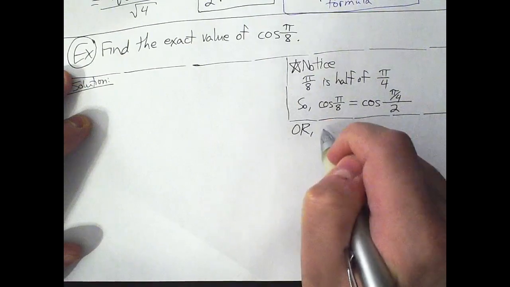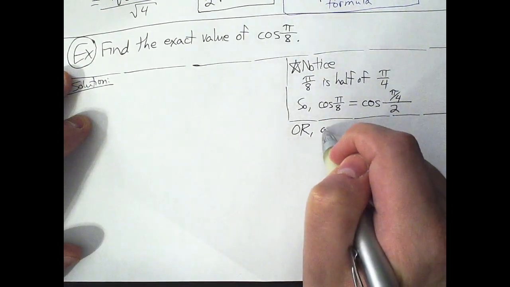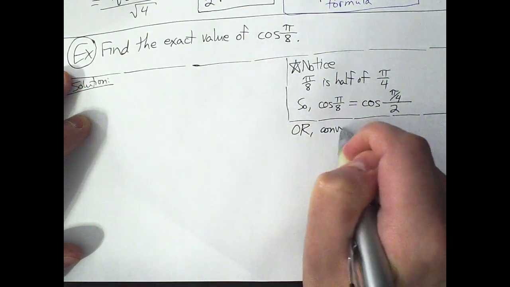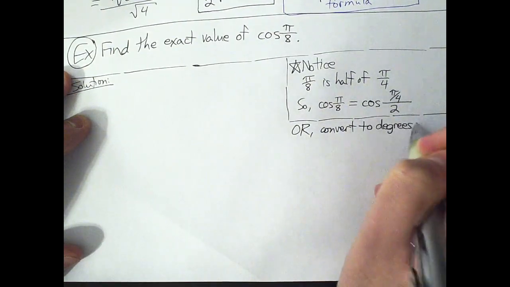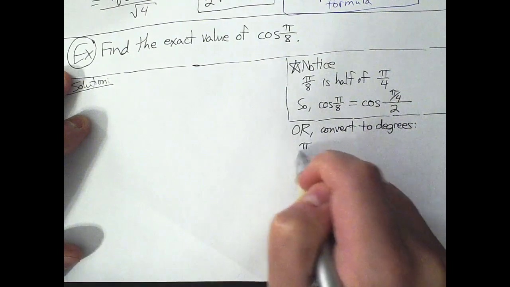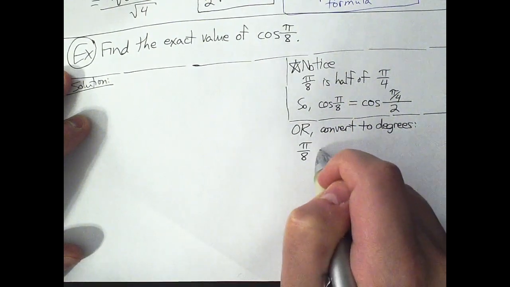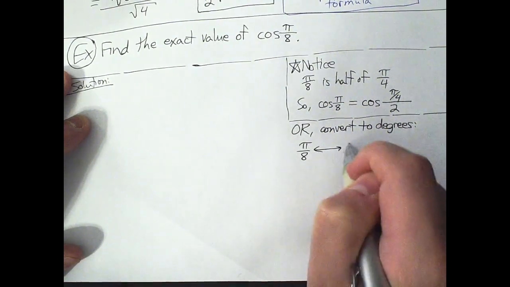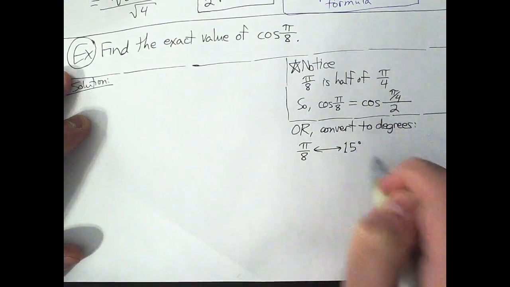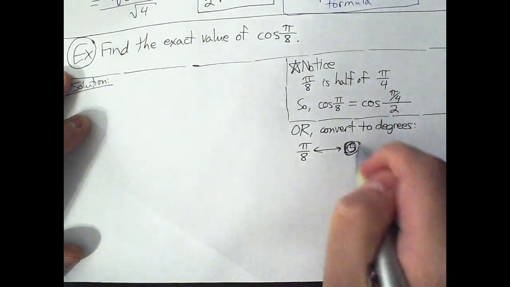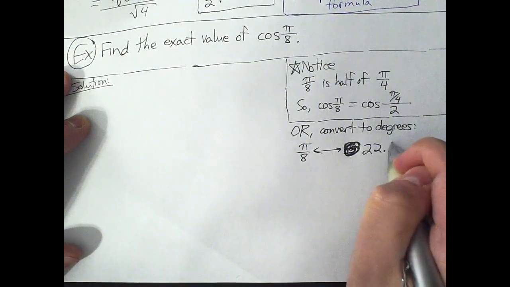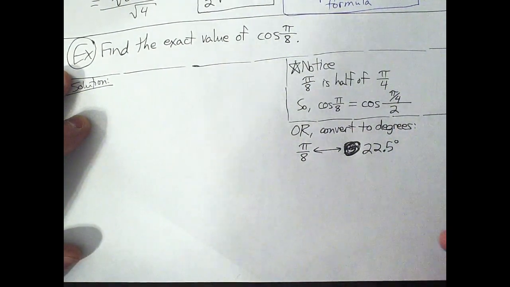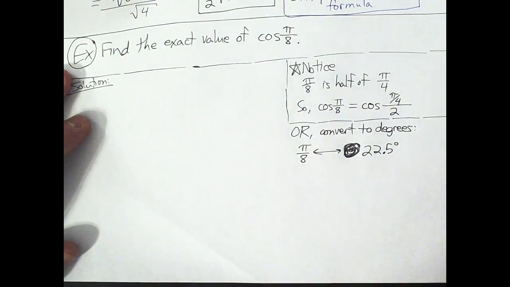Or convert to degrees and say pi over 8 is the same as 15 degrees. Oh, no, not 15. 22.5. I had 15 degrees on my mind because of what we were talking about a minute ago.